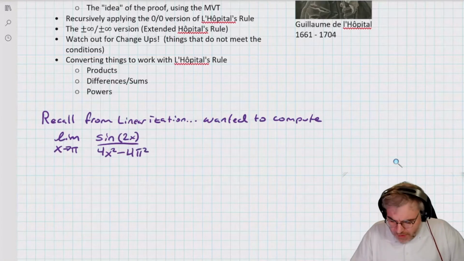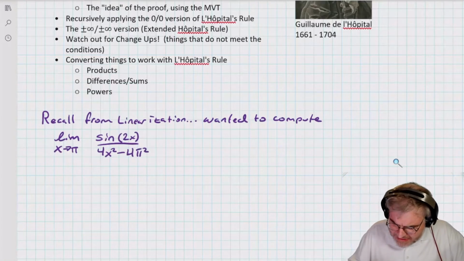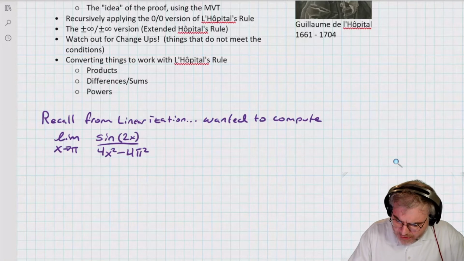Okay. So what I did was I had this thing that I called Diet L'Hopital's rule.